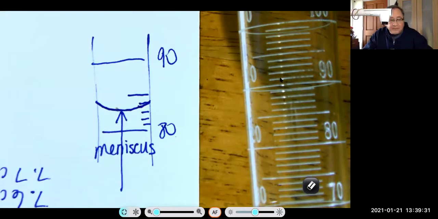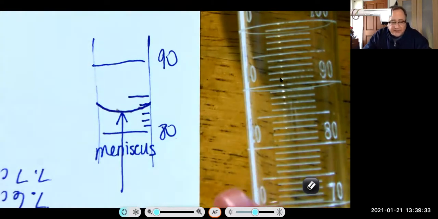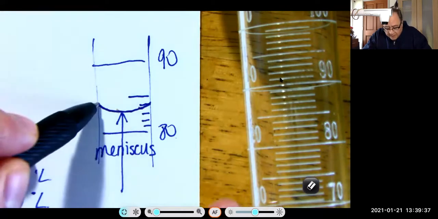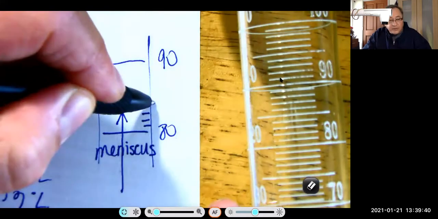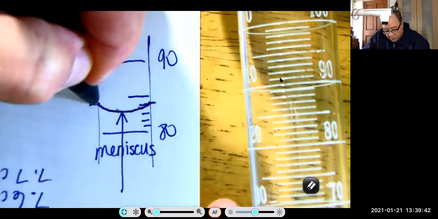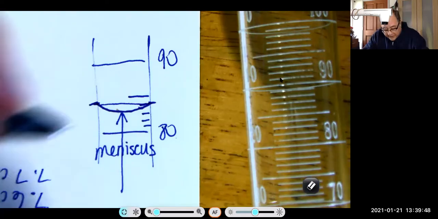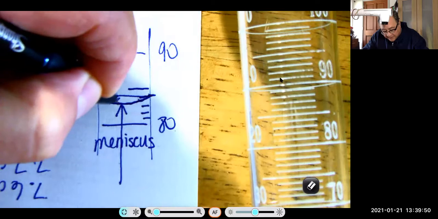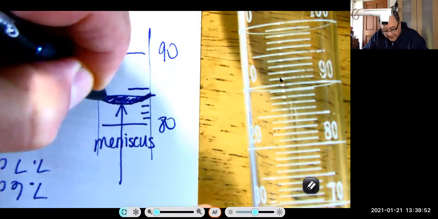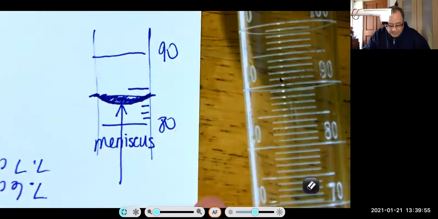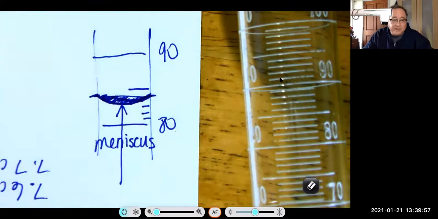So this is a very simplistic drawing of the graduated cylinder, but you have to imagine that it's not only climbing up here and here, but it's also climbing up at the front of the graduated cylinder and at the back. So when you look at this, it looks kind of complicated. And you're supposed to be able to read to the bottom of the meniscus.